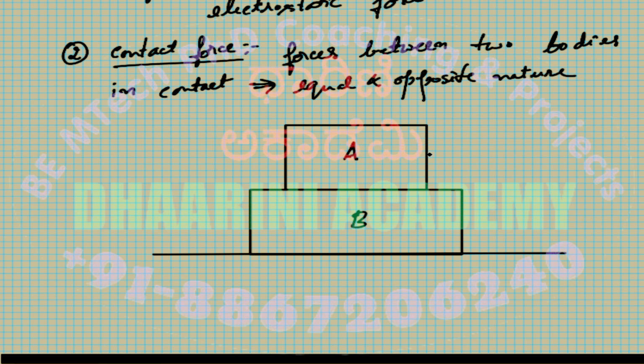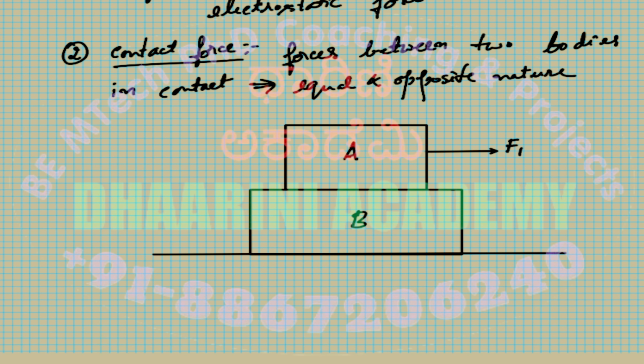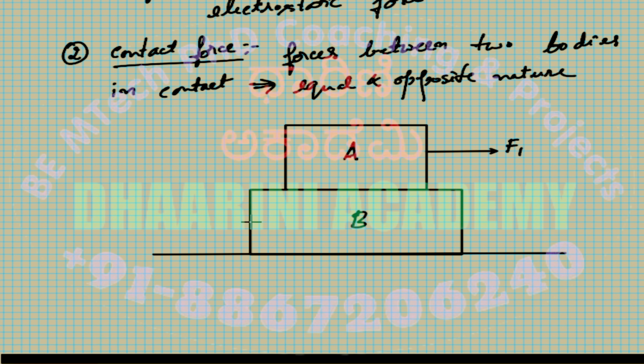For example, let us say body A moves in this direction because of a certain force being exerted on it. Let's call this F1. At the same time, body B is going to move to the left because some other force, F2, is being exerted. So the motion is in the opposite direction.